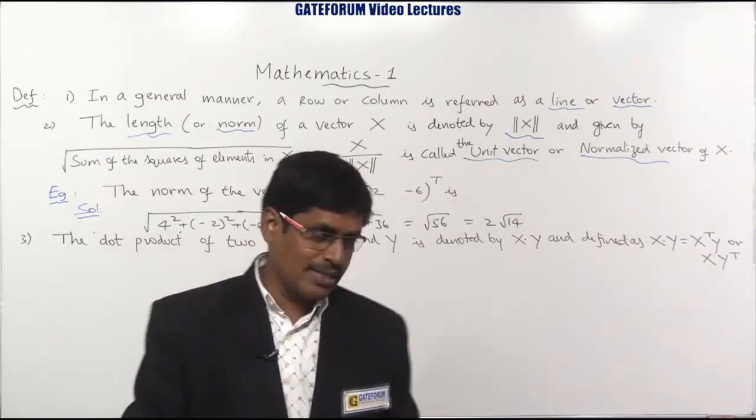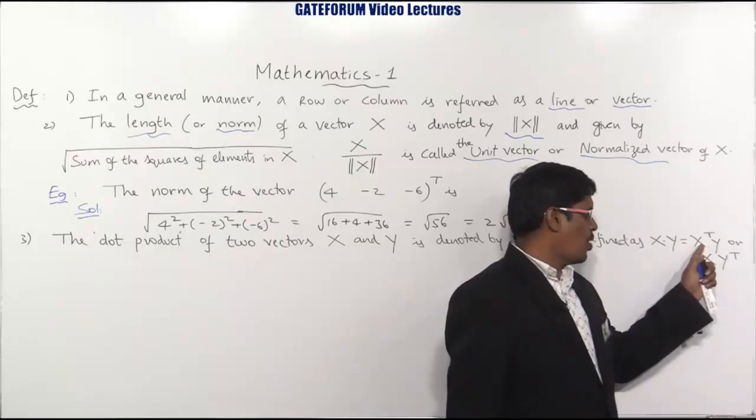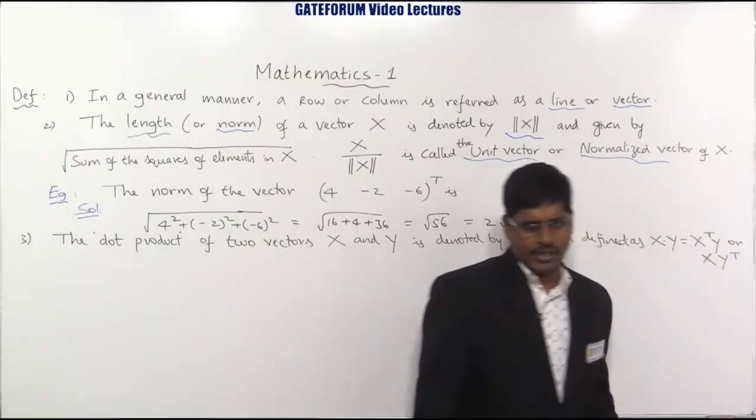When both are row vectors, the first one transpose, row means column vector, into row vector, or row vector into column vector.